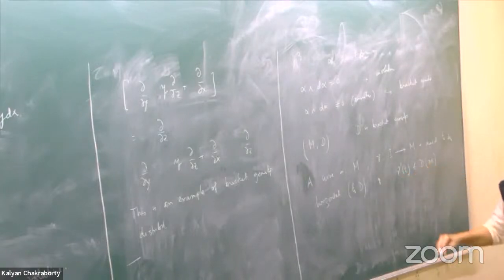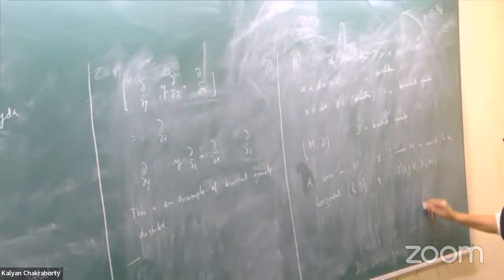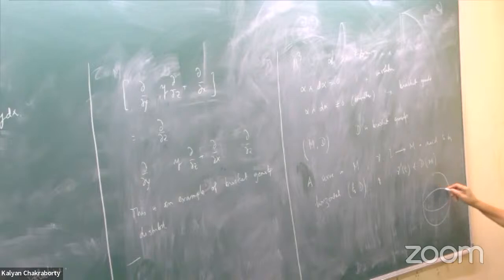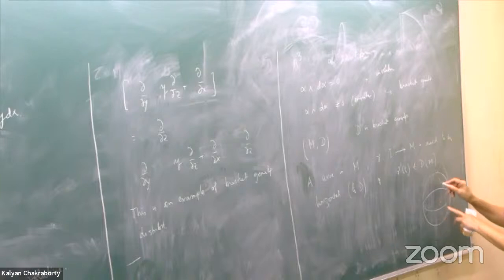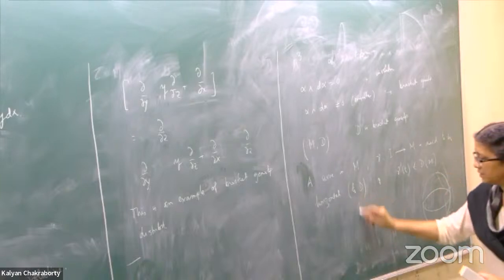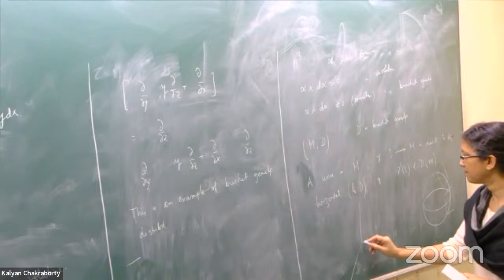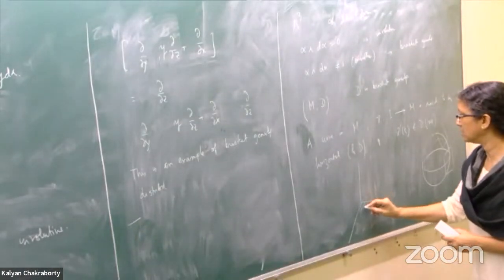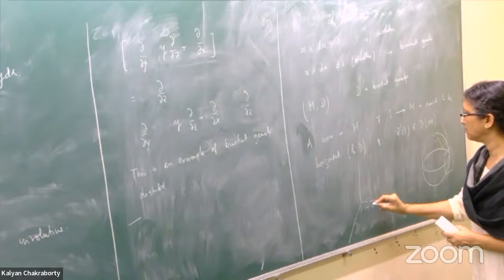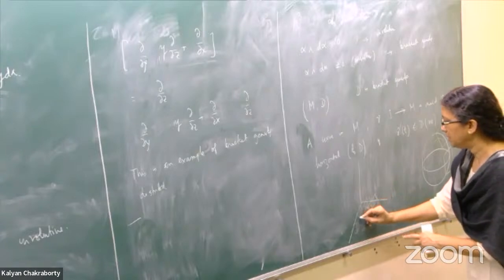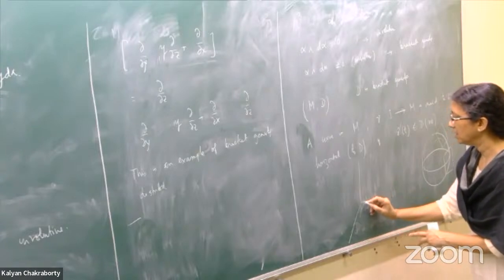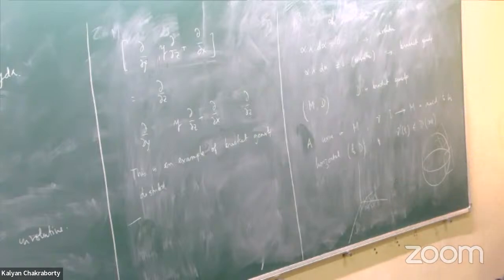So suppose you plot some vector field like this, the curves that are allowed here will be, whenever it hits a point here, it should be tangential to the distribution.